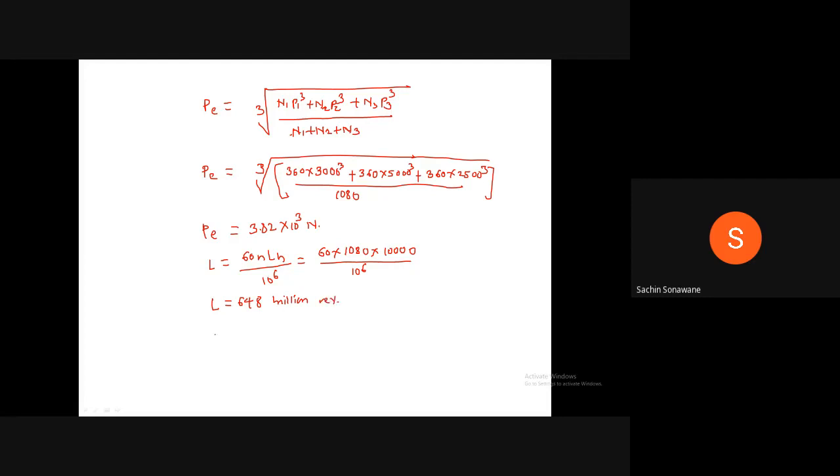Therefore, dynamic load capacity C is equal to PE into L raised to 1 by 3, which is 3.82 into 10 raised to 3 into 648 bracket raised to 1 by 3.